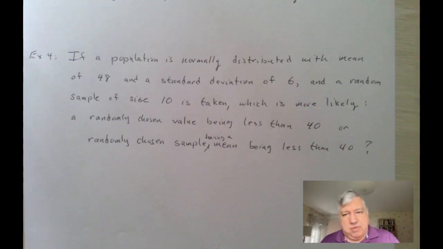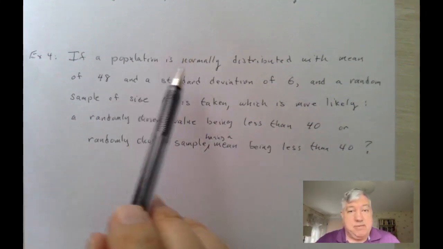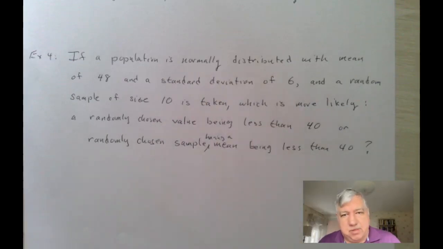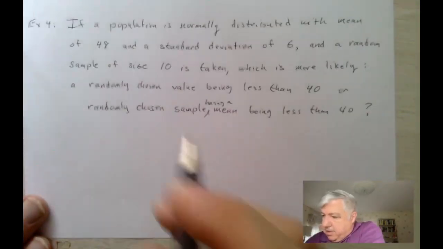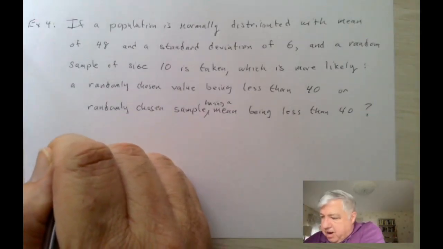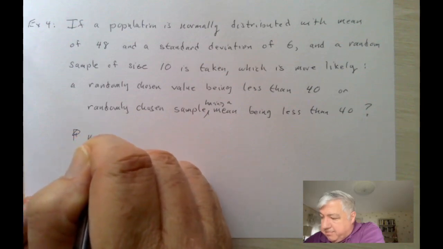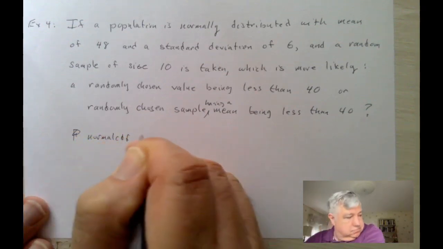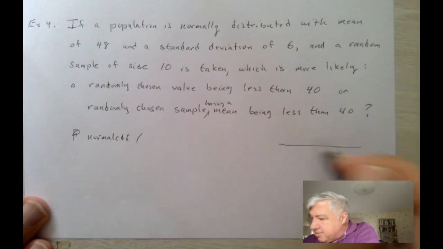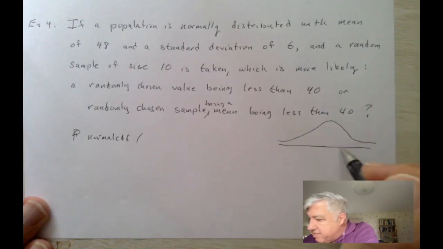By the way, the central limit theorem applies because we're given that the population is normally distributed, so we don't really care about the size of the sample. And so if we want to take the probability, if we just use normal CDF, so basically here's our situation. Our mean is 48, and 40 is over here.